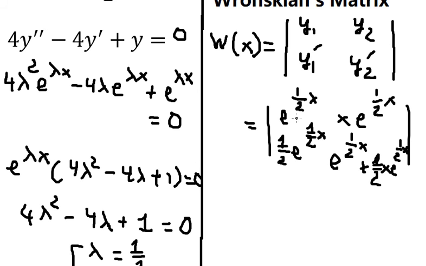Now we have this one multiplied by this one minus this one multiplied by this one. If we simplify, we just have e to the power of s.